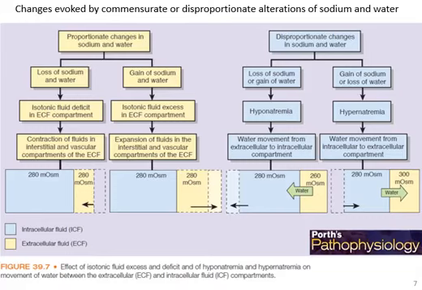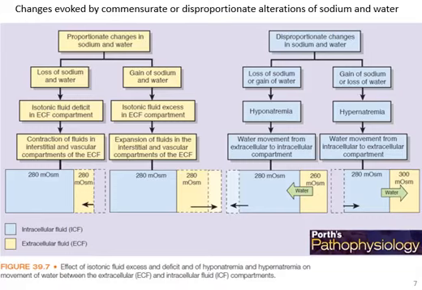Isotonic fluid deficit and hyponatremia and hypernatremia can be handled in a relatively easy manner, because increase or decrease in aldosterone parallel with decrease or increase in ADH can help in the manipulation of either hypo or hypernatremia.